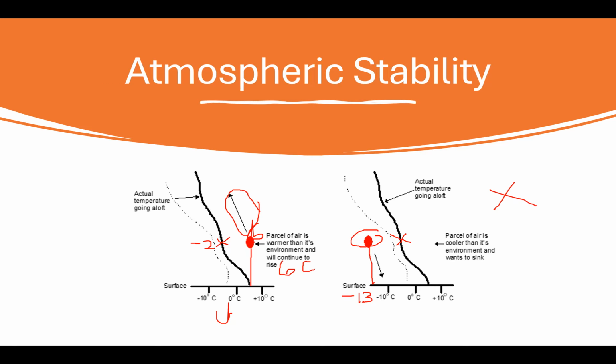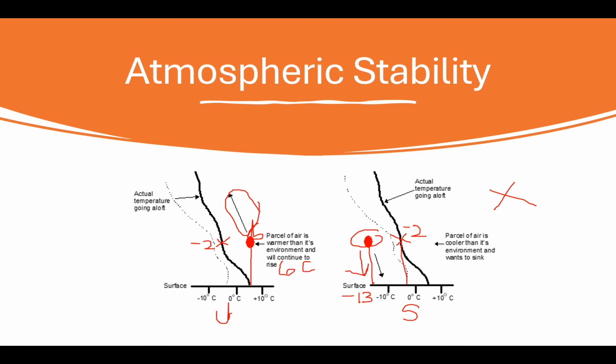Draw a line straight down. It's about -2 or so. So environmental temperature is -2 degrees Celsius, but my parcel is -13 Celsius. So my parcel is colder than the surrounding environmental air. That's going to result in a sinking air motion of that air parcel. This example on the right is stability. I'll make an S for it.